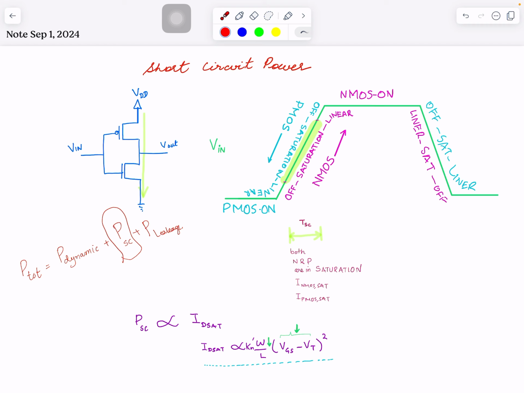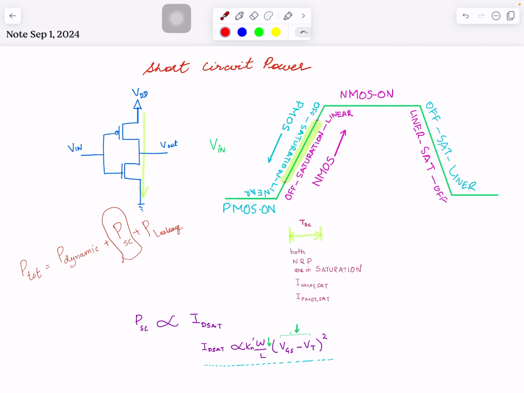Steady state means it's finally settled at that state. When the input is 0, PMOS is on. When it's 1, NMOS is on. So this is the input waveform. When it settles, it stays constant. Things get simpler, okay? It's that particular state of the transistor that we are in.